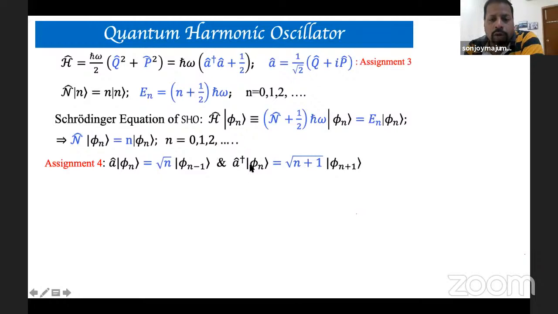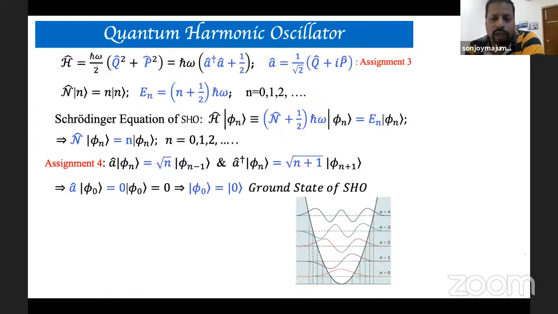Because A dagger is able to shift the energy levels, let me show this picture.